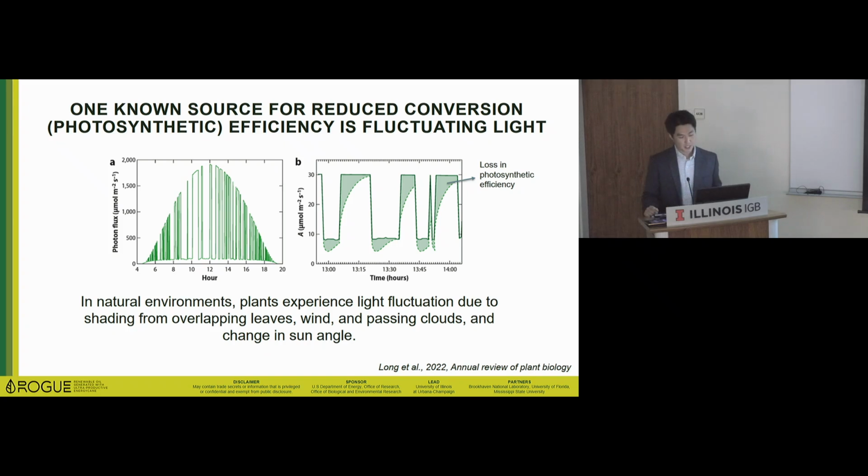As you can see, during the fluctuating light there is a reduction in photosynthetic efficiency. This is because light can change quickly, but the photosynthetic rate adjusts slowly, which ultimately affects crop productivity.